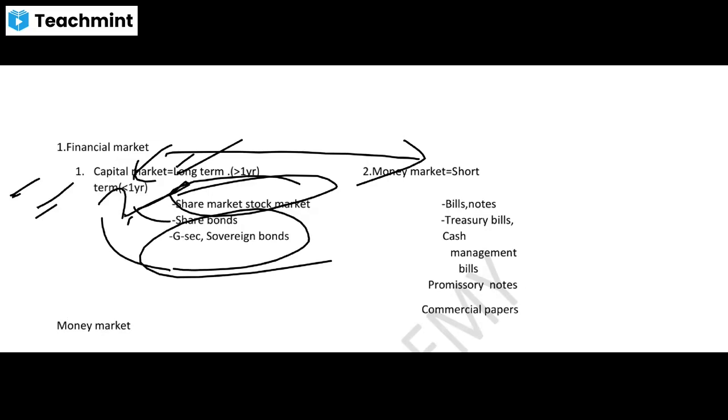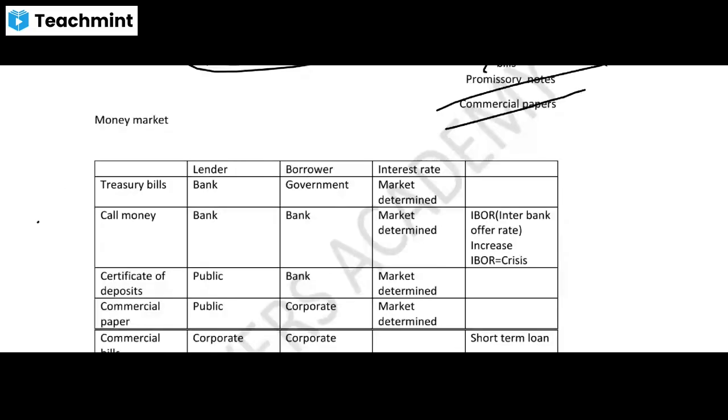And what about the money market? This is the short-term market. Generally it includes bills, notes, treasury bills, cash management bills, promissory notes and commercial papers. So see this table here, where we have shown these facts about different bills and bonds. First, the treasury bill.